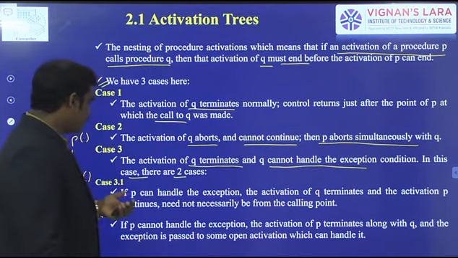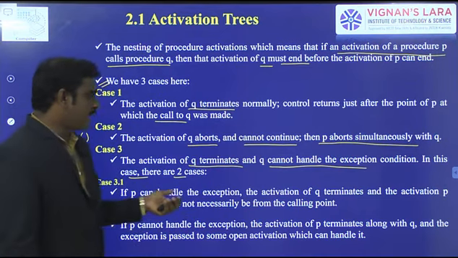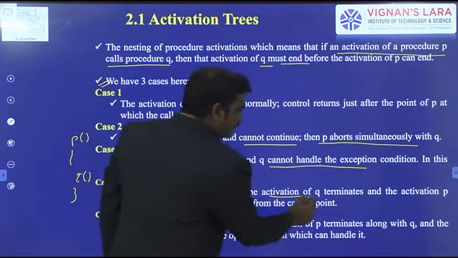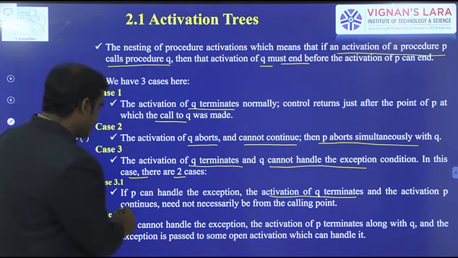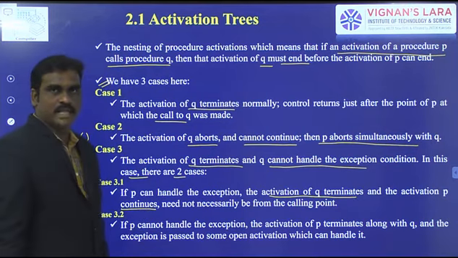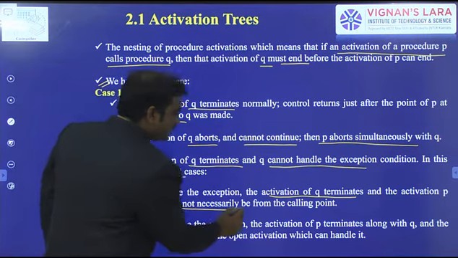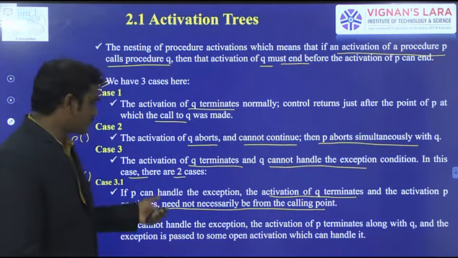At that time, the first possibility is that P can handle the exception. Then the activation of Q terminates and the activation of P continues, though not necessarily from the calling point. This is the first point.